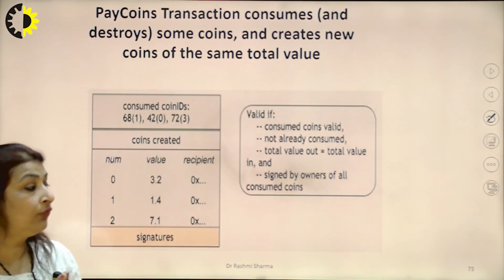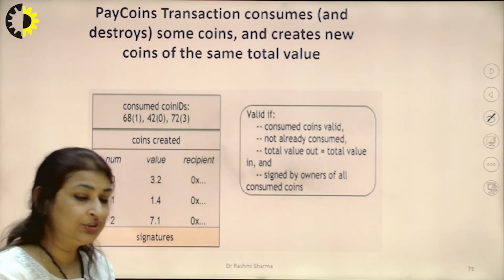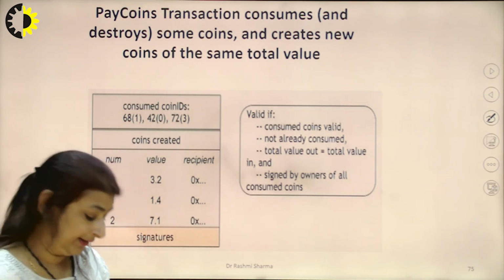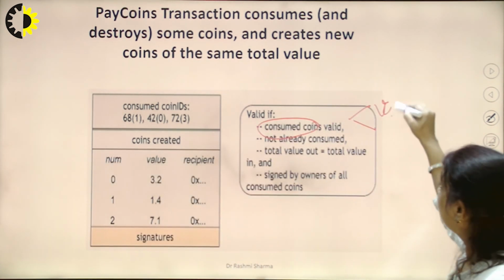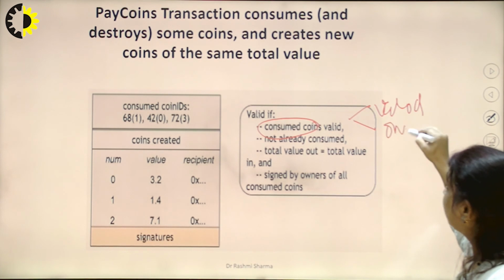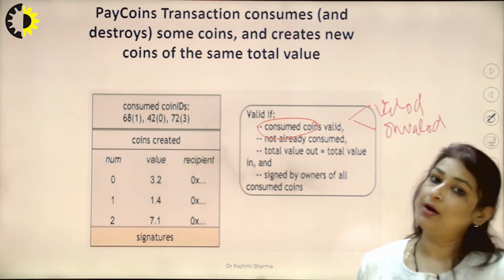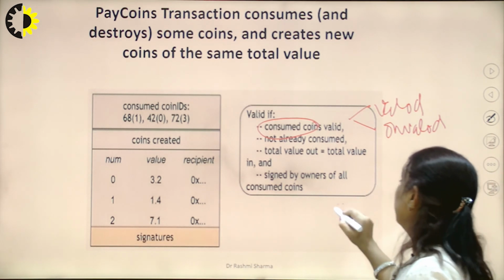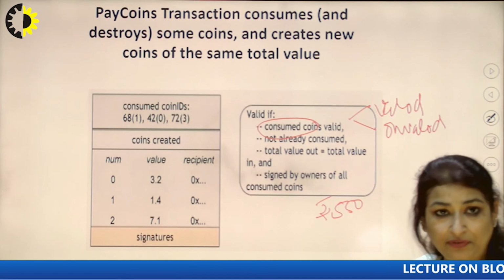So we have to validate who has consumed the coin. If the coin is being consumed, was that coin valid? There are two things: for a consumed coin, we have to see if it is valid or not. If the coin is invalid, maybe that amount is more or maybe the amount is less. I want to spend 550 rupees and the coin has only 500 rupees.